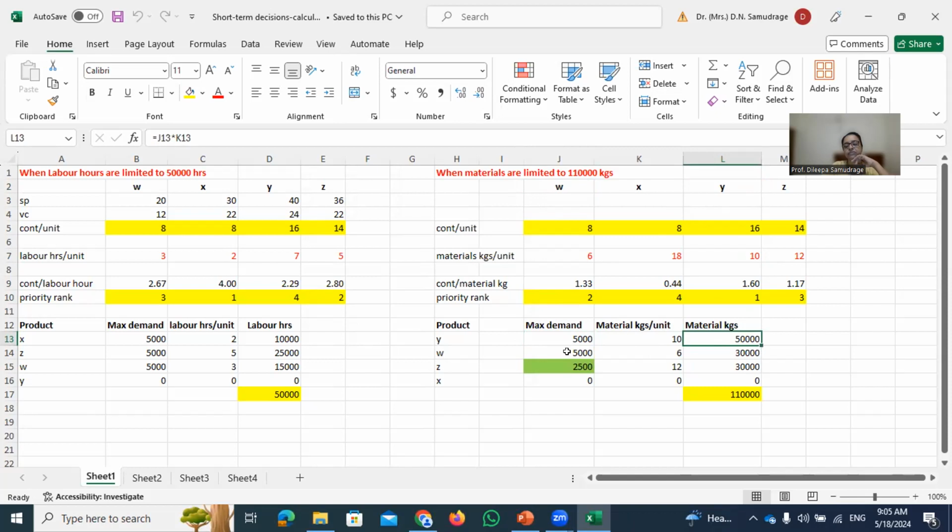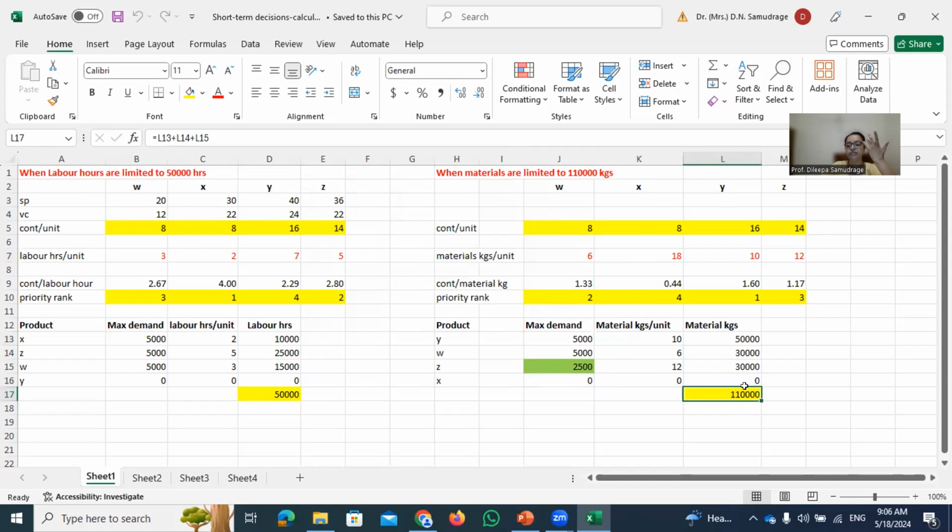Then secondly, you go to W, maximum demand 5,000. For W, you need 6 kilograms, multiplied by 6. Then you go to Z. If you take 5,000 here, for Z you need 12 kilograms per unit. So 5,000 multiplied by 12 gives you 60,000 here. Then 60 plus 80, so you get 140 here. But you don't have 140 thousand kilograms.